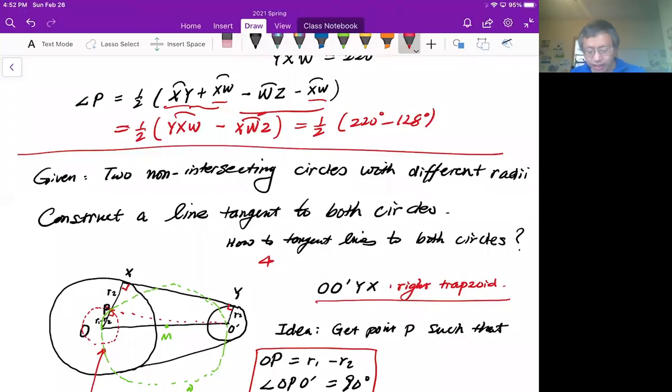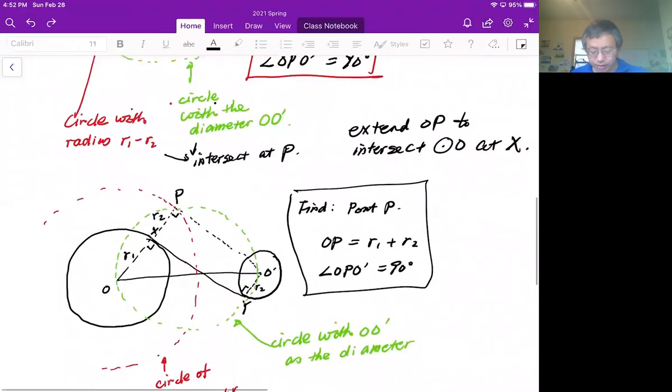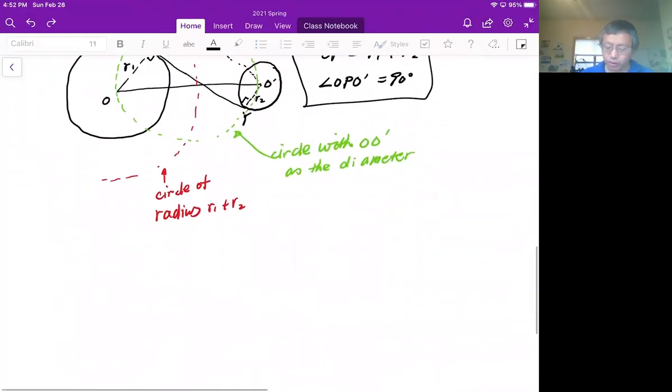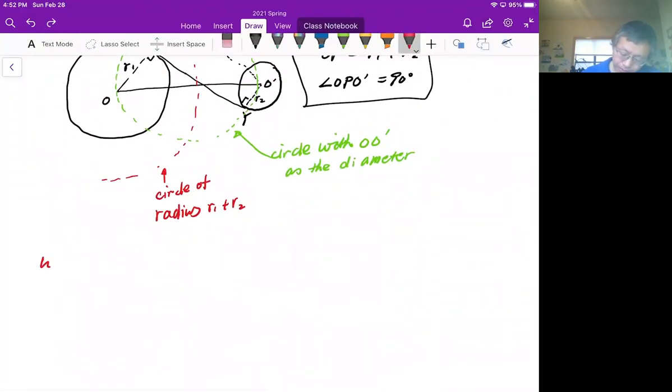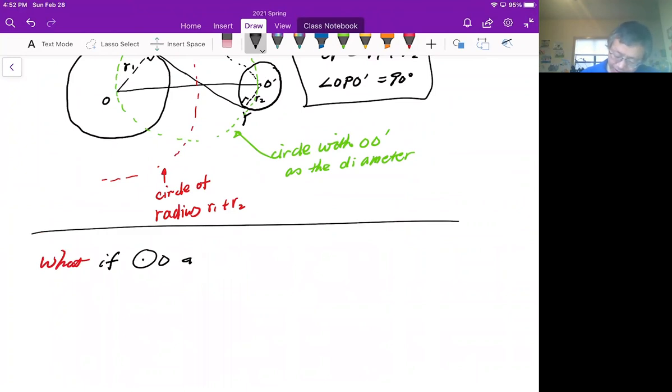But on the other hand, what happens if the two circles are intersecting? So here is a similar question. What if circle O and circle O prime are intersecting?